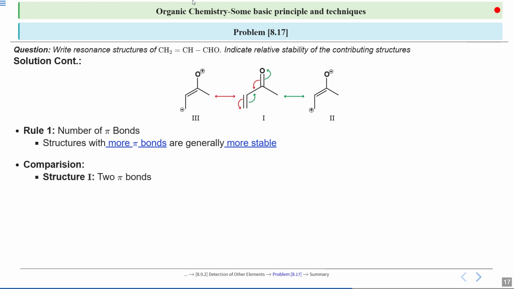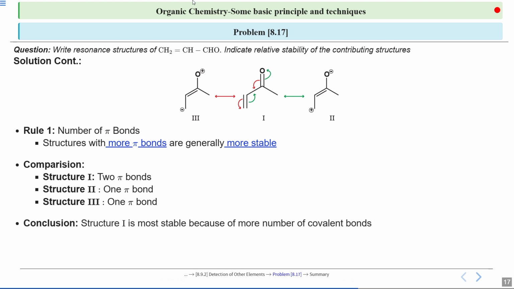This comparison will help us determine which structure is the most stable. In structure number 1, we have 2 pi bonds. This is our key point because having more pi bonds often leads to greater stability. Structure number 2, on the other hand, has only 1 pi bond. This reduction in pi bonds typically results in less stability compared to structure number 1. Similarly, structure number 3 also has 1 pi bond, so it is like structure number 2, again less stable than structure number 1 due to fewer pi bonds.